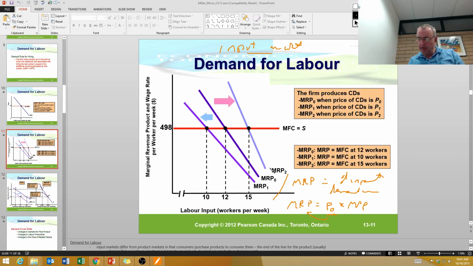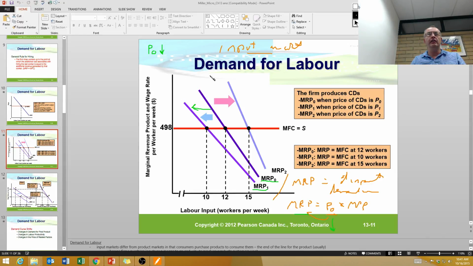So in the example here, our starting point is marginal revenue product curve number 1, and then our output price declines. As our output price declines, our marginal revenue product for the corresponding inputs also declines, and the marginal revenue product curve, or the demand curve for the input, is also going to decline.